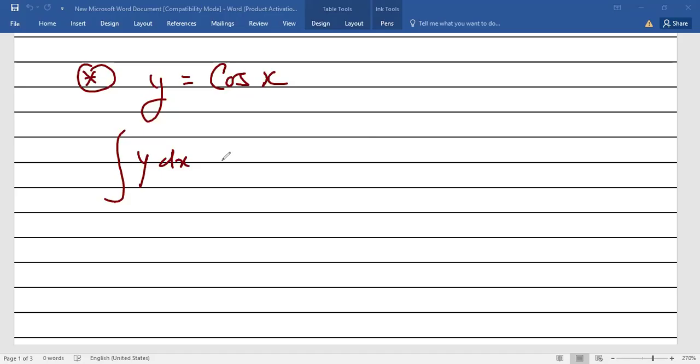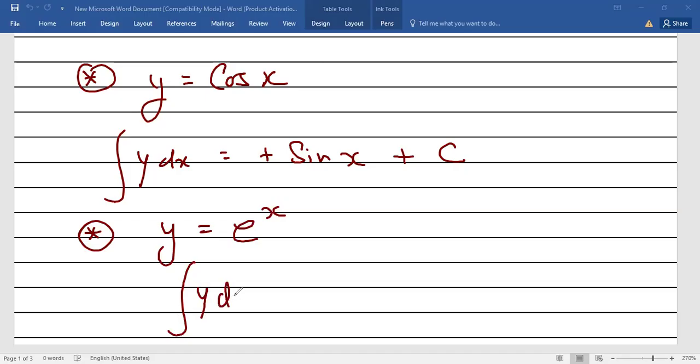Now, if we have y is equal to cos x, then its integration, that is integration of y with respect to x, will be given by plus sin x, and then a constant of integration. And another standard formula is, if y is equal to e to the power x, then if you want to integrate it with respect to x, we will get e to the power x plus c.